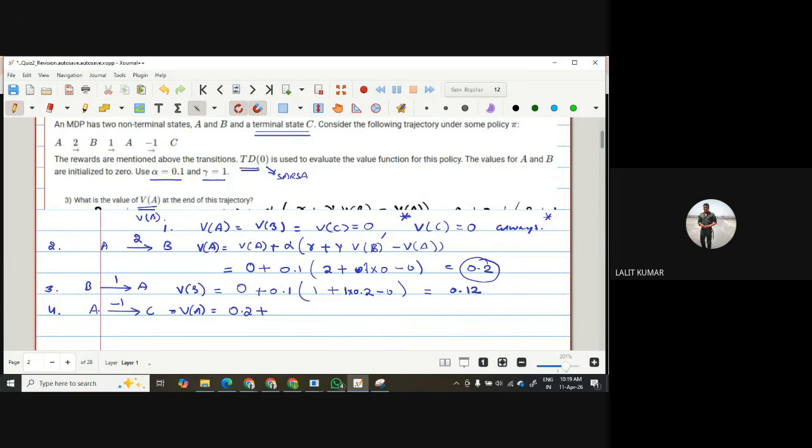Now reward is -1. So this becomes 0 minus 0.2. So this will become 0.2 plus 0.1 * (-1.2) which is 0.08. So the values after one episode: VA is equal to 0.08, VB is equal to 0.12, and VC is equal to 0.